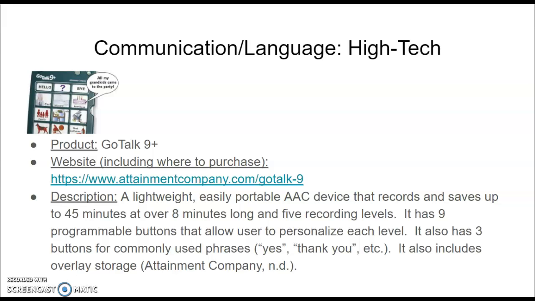It has 9 programmable buttons that allow users to personalize each level. It also has 3 buttons for commonly used phrases, and it includes something called overlay storage for the sheets, to be able to keep track of the different sheets.